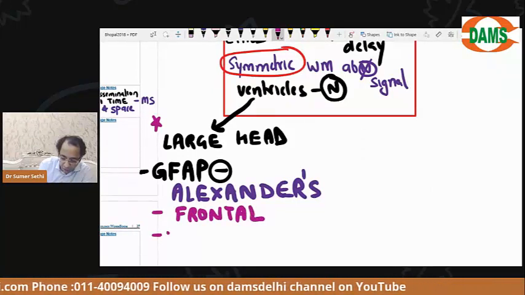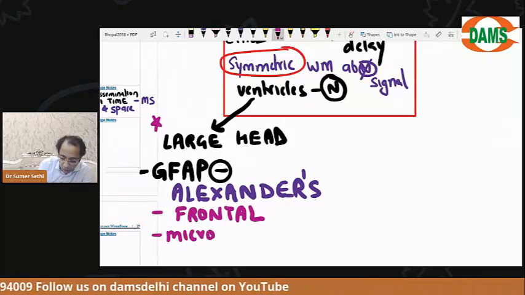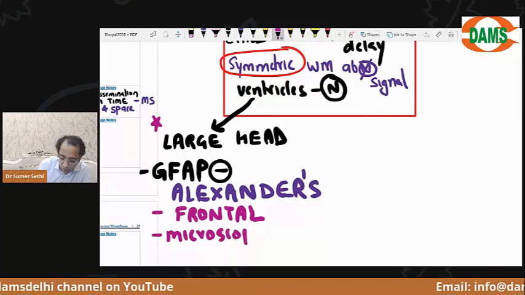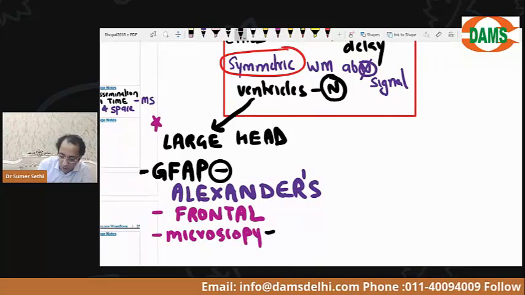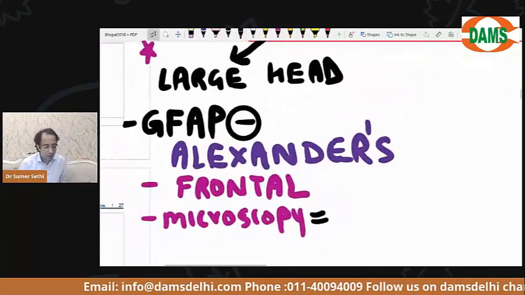Any one of you bright young children, tell me what you will find on microscopy in a patient with Alexander's disease. Children, I will teach you, watch carefully. What will you find on microscopy in Alexander's disease?